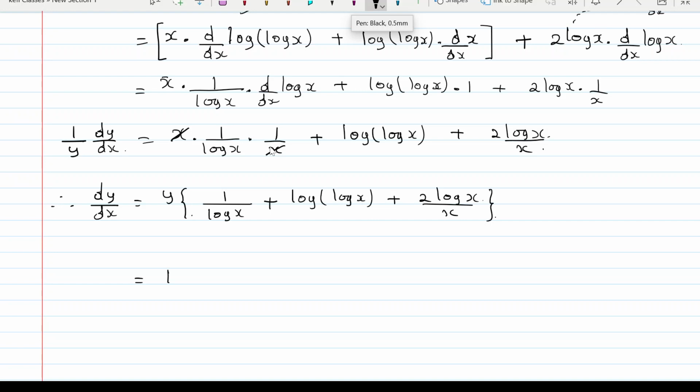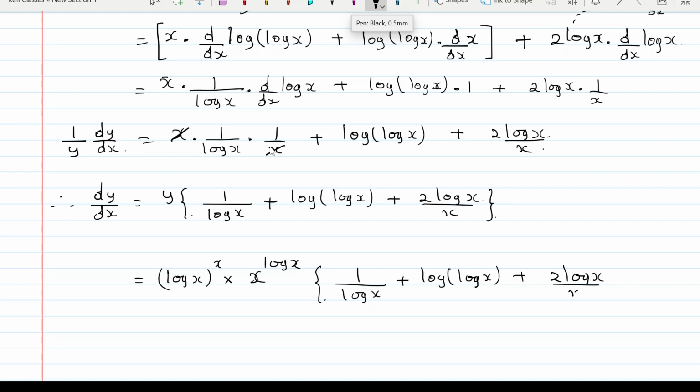It was log x raised to x into x raised to log x into 1 upon log x plus log of log x plus 2 log x upon x. This is by equation 1. Done. What is it? dy by dx is this. So on the left hand side, write dy by dx. Done. Understood? Easy the problems are.